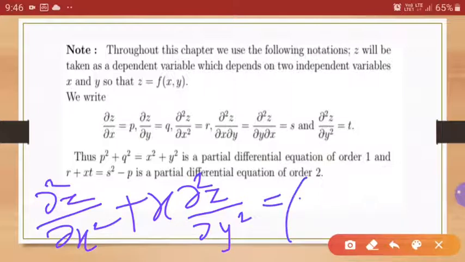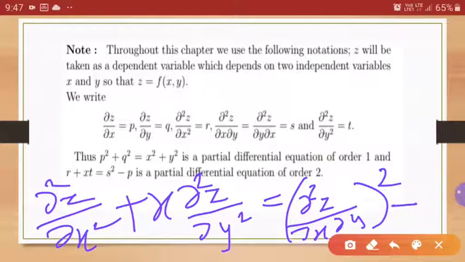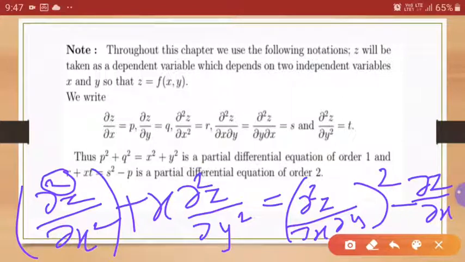S square means del 2z by del x into del y whole square, minus p. P is del z by del x. So what is the highest order derivative in this differential equation? It is 2. So the order of this differential equation is 2 and degree is 1.